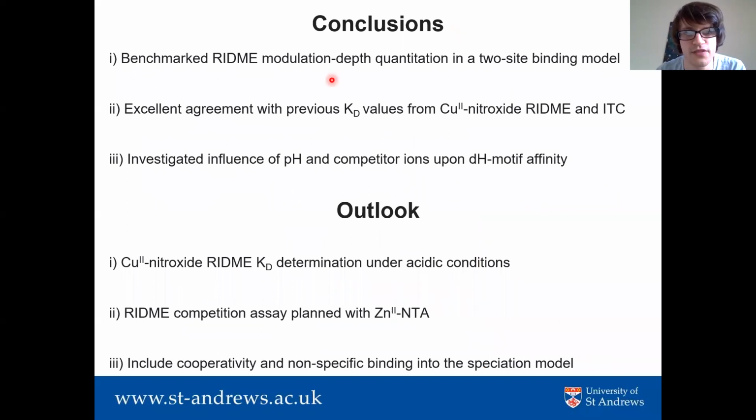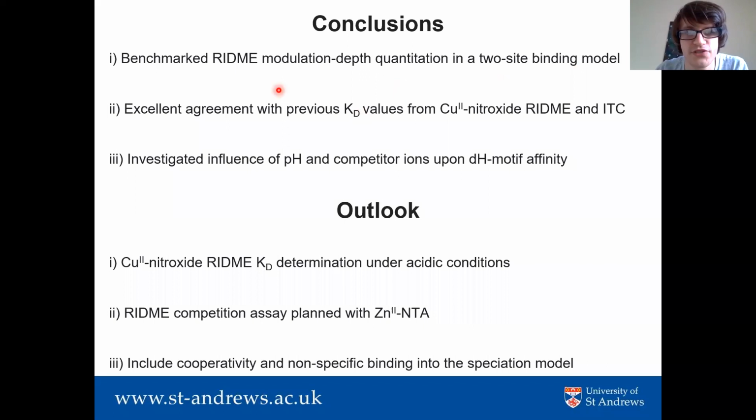So in conclusion, I hope that I've shown that not only are double histidine motifs great for spin labeling applications, but they're also very nice model systems that are simple and modular for the study of binding equilibria by dipolar pulse EPR.